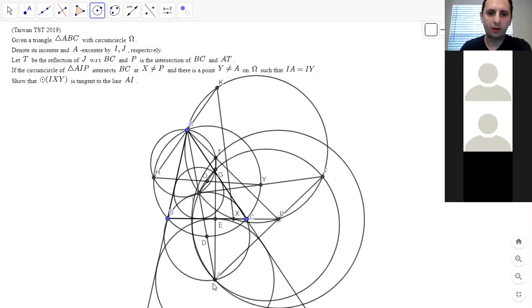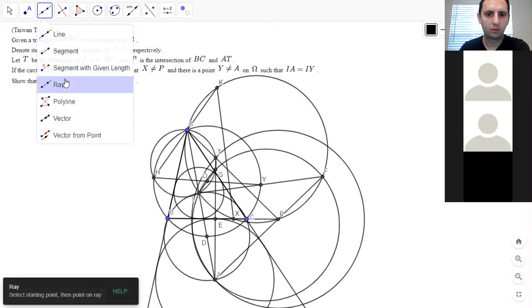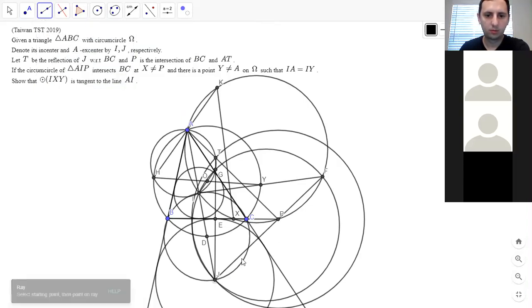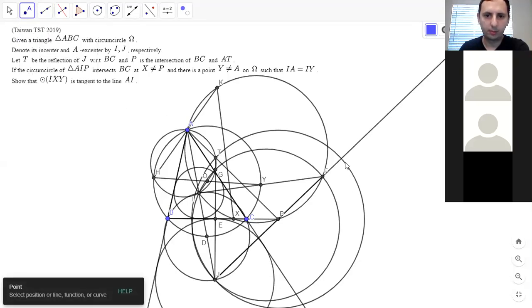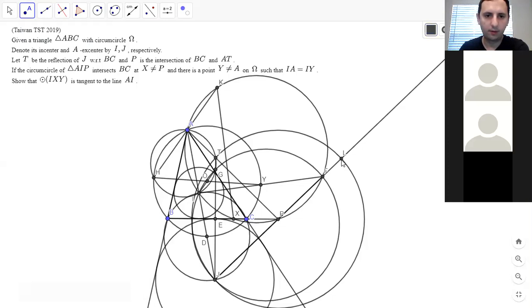I wonder if we could try to make a similar triangle. For example, we want to show that PTL is similar to those two triangles.